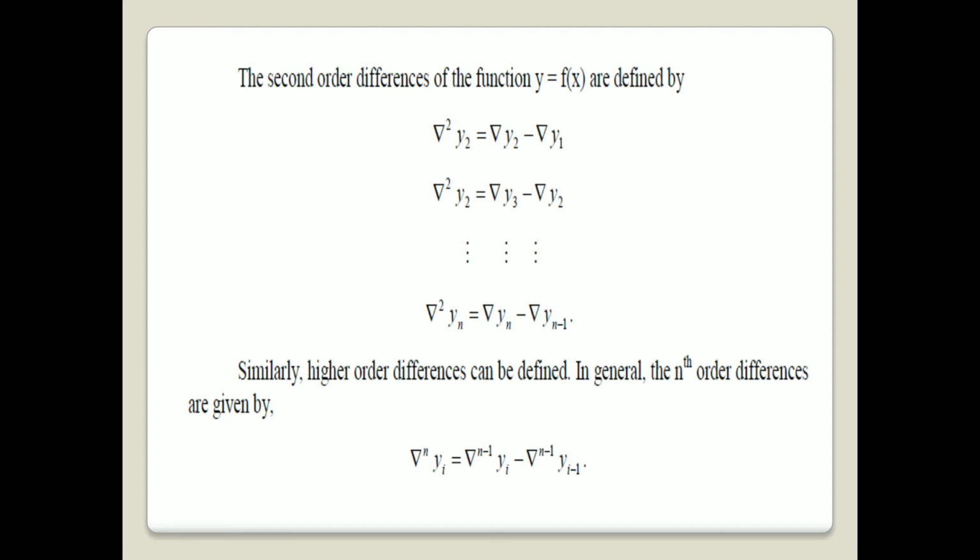So nabla square of y2 is equal to nabla y2 minus nabla y1. Nabla square of y3 is equal to nabla y3 minus nabla y2. Similarly, nabla square of yn is equal to nabla yn minus nabla y(n minus 1). Similarly, higher order differences can be defined in general. The nth order differences are given by nabla raised to n yi is equal to nabla raised to n minus 1 yi minus nabla raised to n minus 1 y(i minus 1).